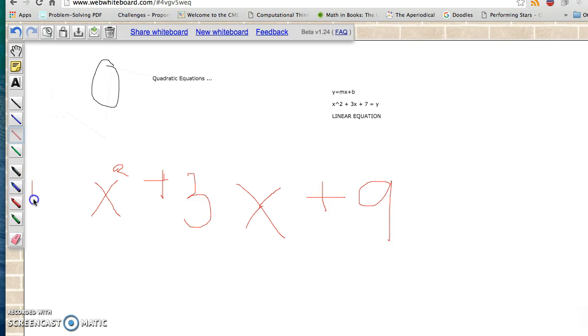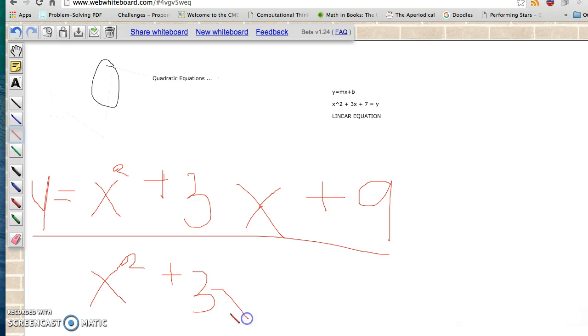I can't even look at it. Anyway, you might have y equals x squared plus 3x plus 9, and that would be a quadratic function. Or you might have an equation, like x squared plus 3x plus 9 equals 2 or 0 or anything.